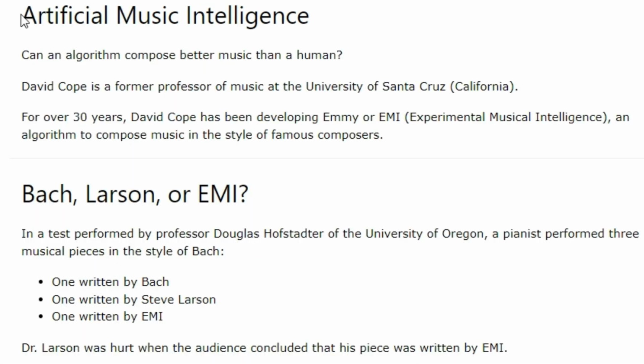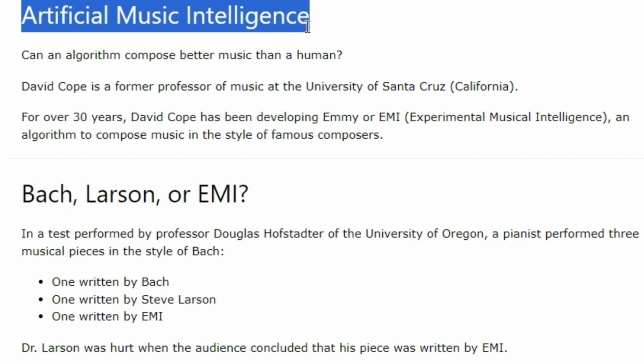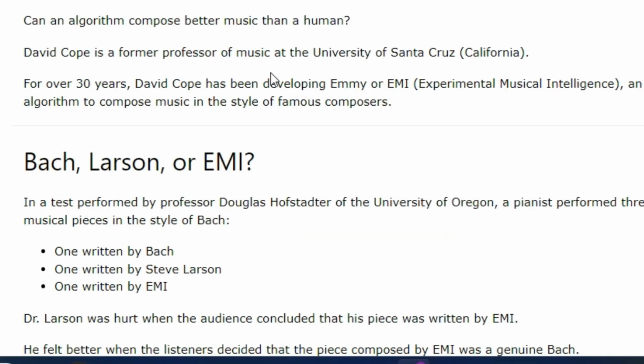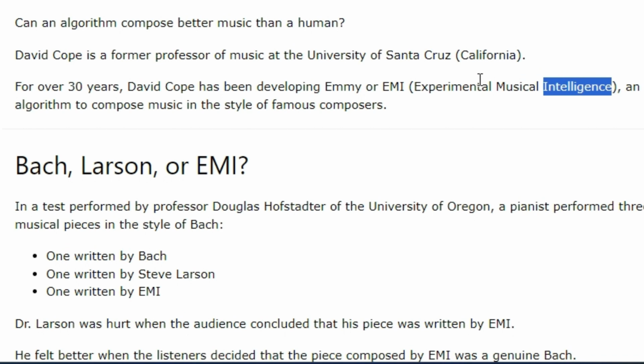Second example of artificial intelligence is artificial music intelligence. David Cope is a former professor of music at the University of Santa Cruz. For 30 years, David Cope has been developing EMI, experimental music intelligence. This is an intelligence which has an algorithm to compose music following some famous composer.